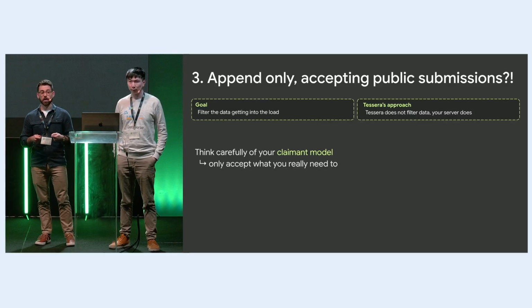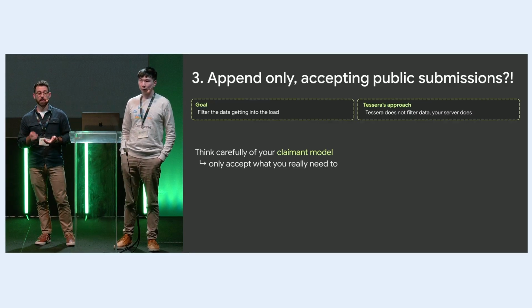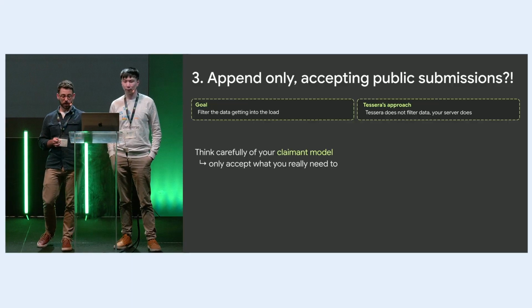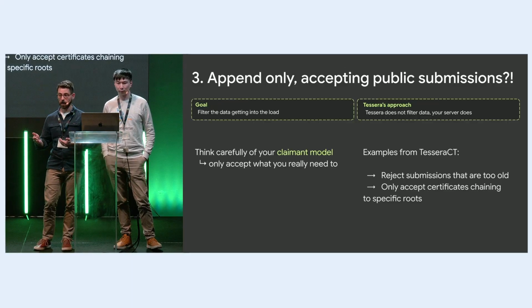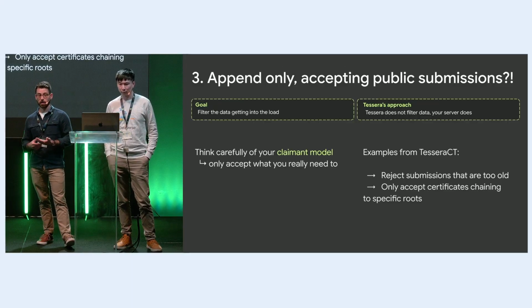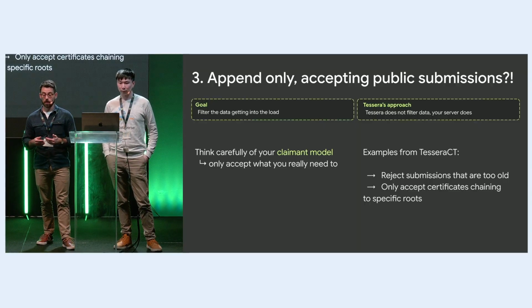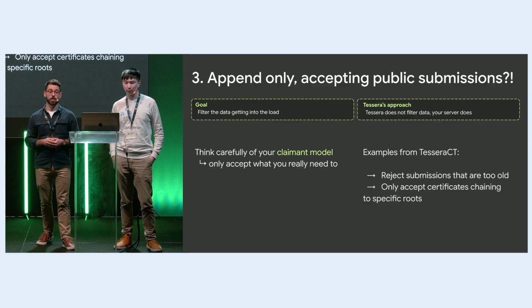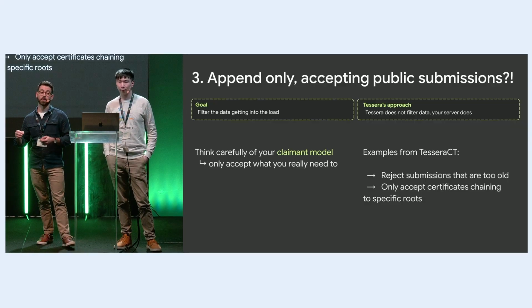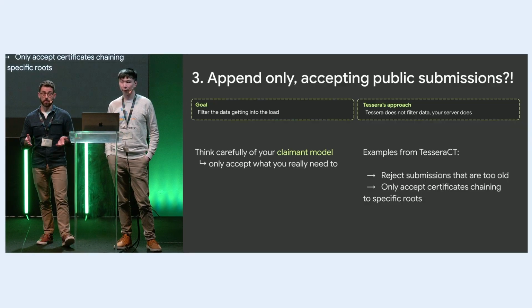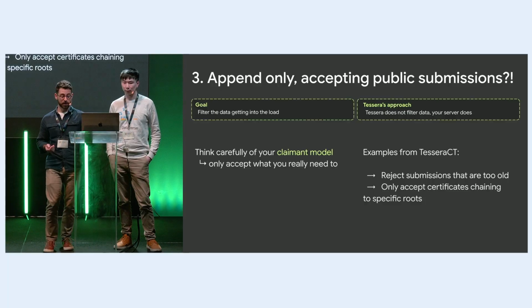From that, you can know exactly what you need to accept and only what you want to put in your log. An example for TesseraCT, which is the CT server that works with Tessera, is that we will rate limit submissions that are too old, and we only accept certificates that chain to a very specific set of roots. This is actually mandated by CT policy, and it's a good thing.